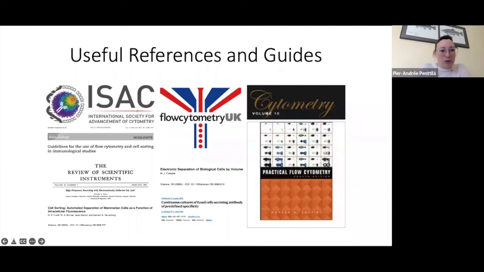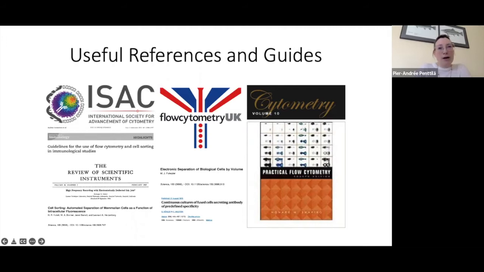Normally people end their talk with some useful references and guides, but I like to start with that today because all of these things are very important in understanding both the history of flow cytometry, and I've also included some seminal papers here that are very useful in understanding the development of the cell sorter.